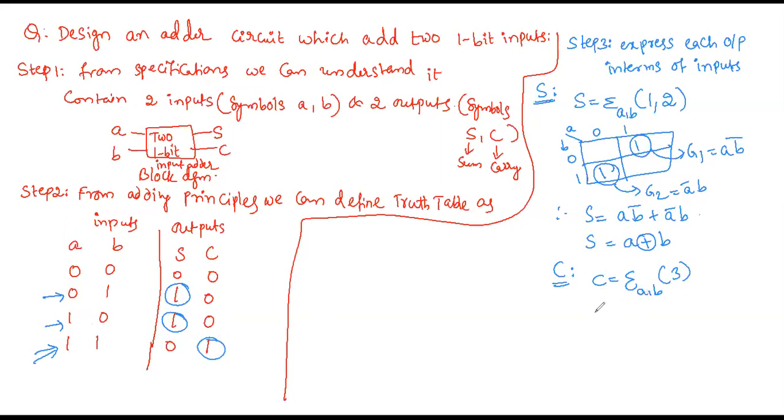So it is in standard SOP form. Apply the K-map. There is only one group, consider it as G1, which is equal to AB. Therefore, C is equal to AB.